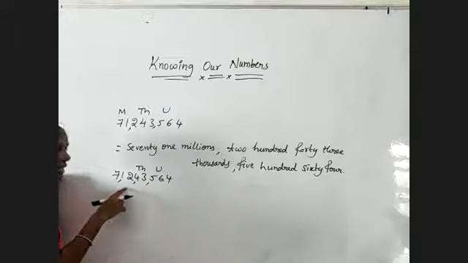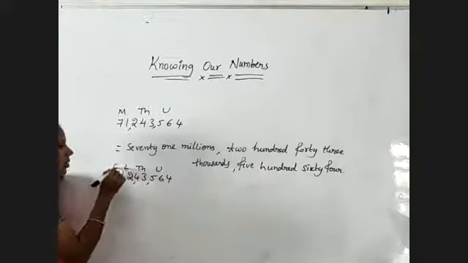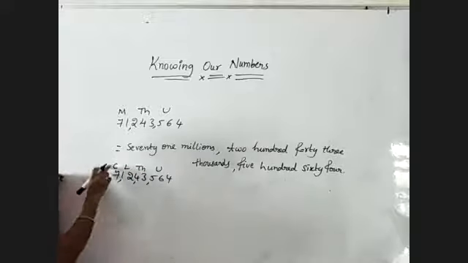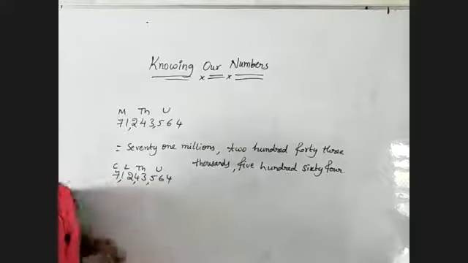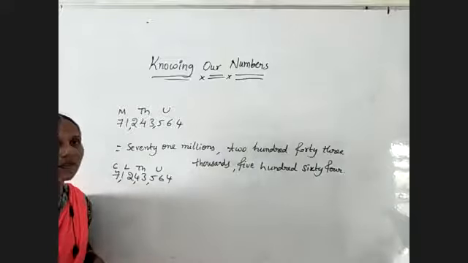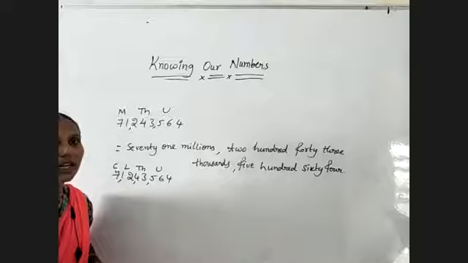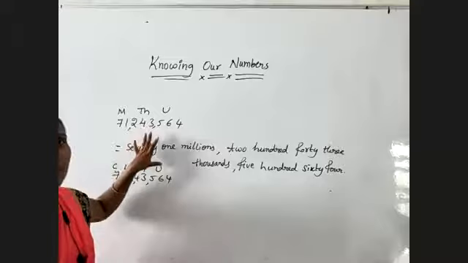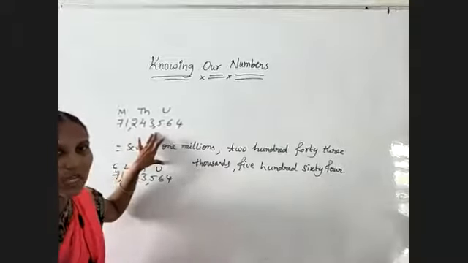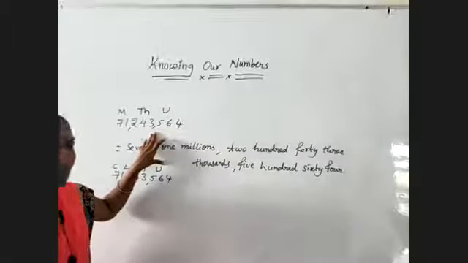The next periods are lakhs and crores. So this number is 7 crores, 12 lakhs, 43,564. According to the commas you need to identify which system it belongs to. After that you need to write it in words.